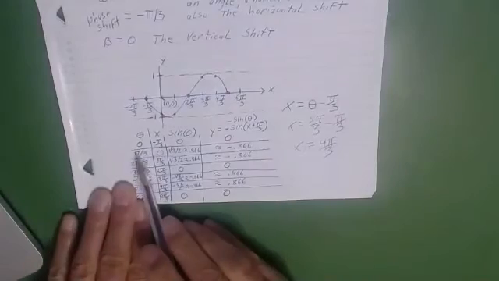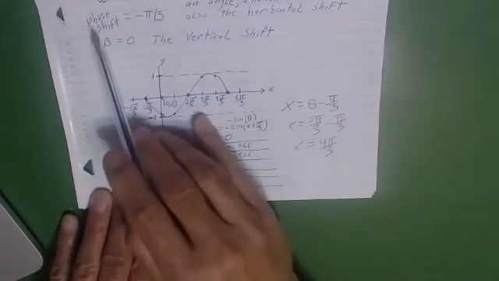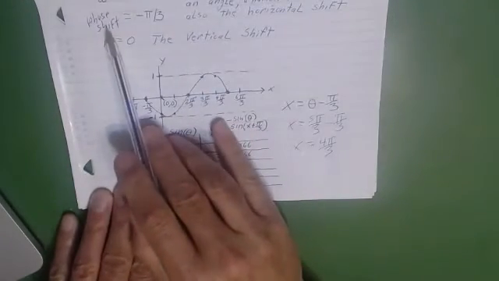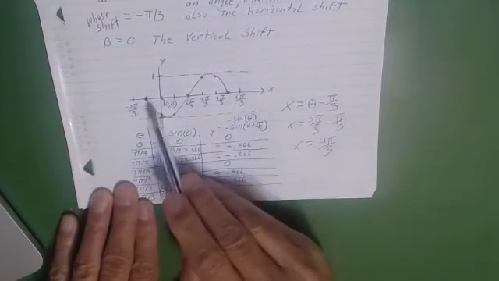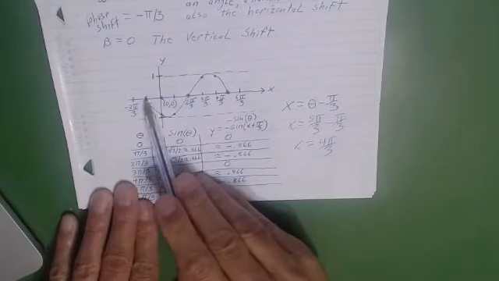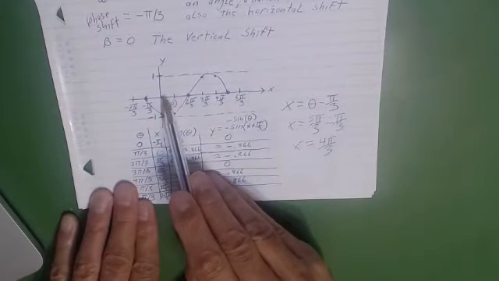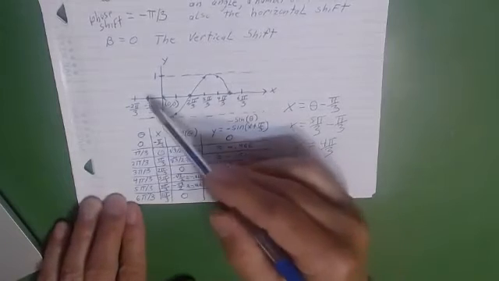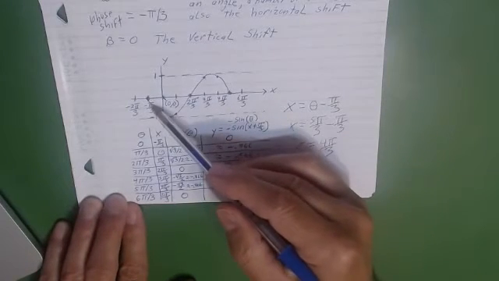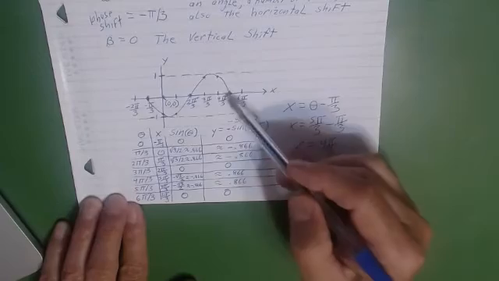I used pi over 3 because that was our phase shift, so it just naturally suggested itself as an increment. If I know this is my phase shift, I'll just go in divisions that are that big across here. And then I only have 7 points, but I know it's a sine wave, and actually it's a negative sine wave.